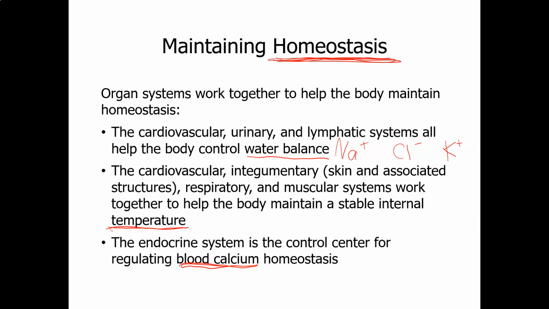And then your body temperature is regulated by these systems working together: the cardiovascular system, the integumentary system, the respiratory, and the muscular systems. All of these can work together to help keep the body not too cold and not too hot. And the endocrine system is the control center for a lot of different conditions that need to be maintained.